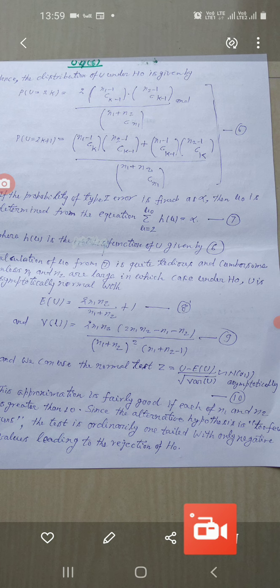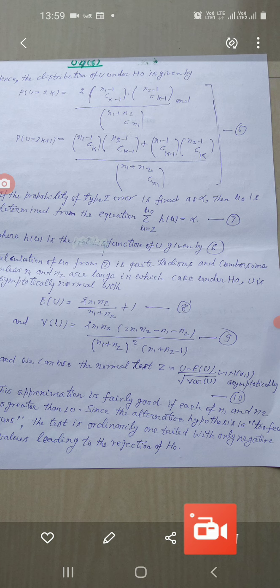It is important to note that this approximation is fairly good if each of n1 and n2 is greater than 10.